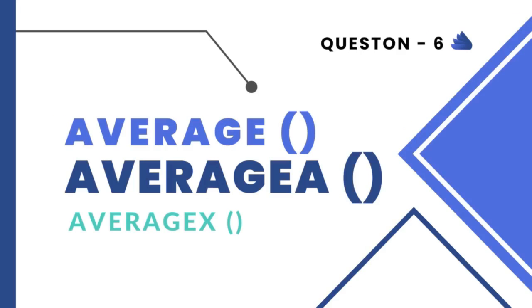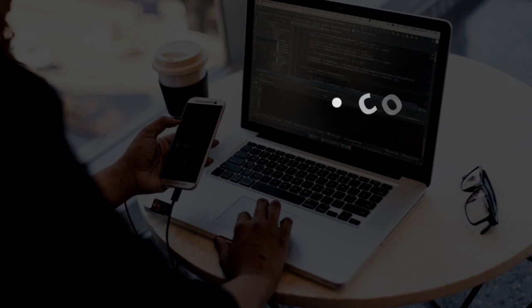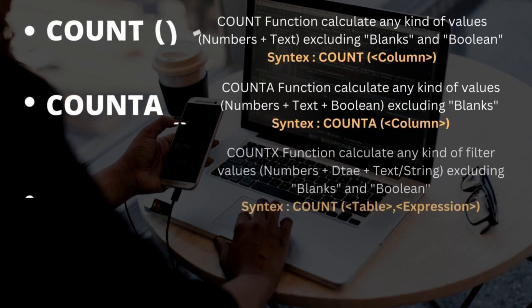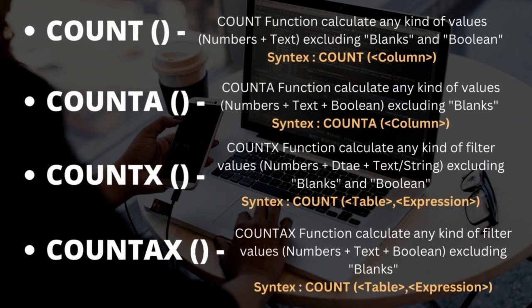Okay. Then the next question is, what is the difference between COUNT, COUNTA, COUNTX and COUNTAX DAX functions in Power BI? Let's understand first about the COUNT DAX function. The COUNT DAX function is used to count the number of cells in a column that contain non-blank values.